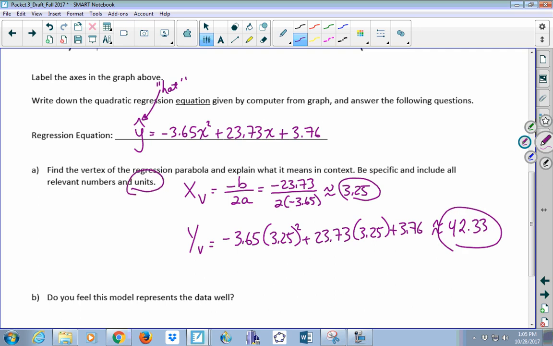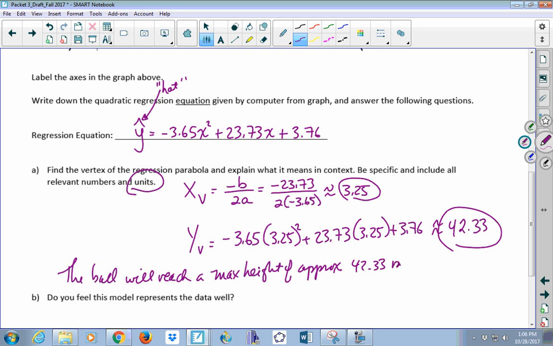So the ball will reach a maximum height of approximately 42.33 meters, 3.25 seconds after being thrown upward.